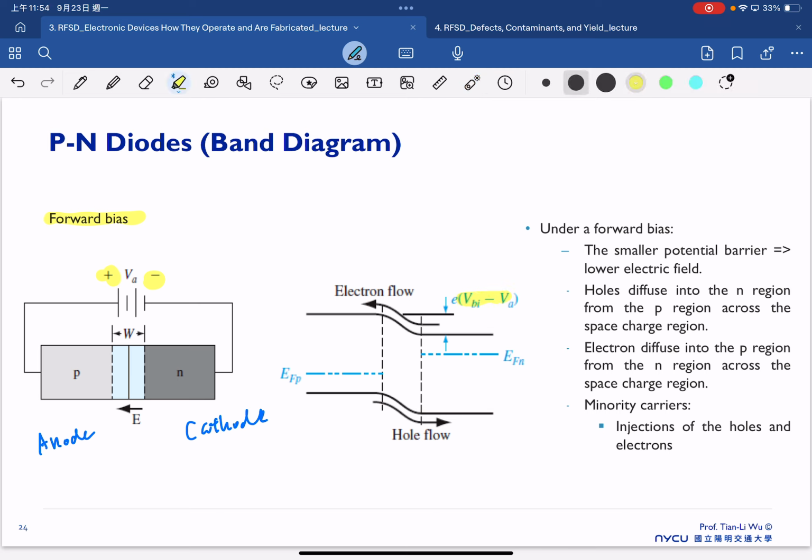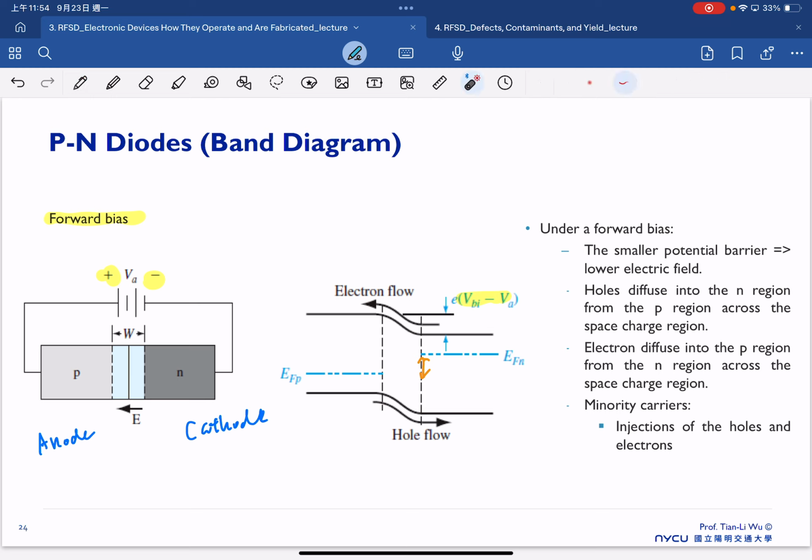The barrier is reduced because right now we have a gap in the Fermi energy. You can see the Fermi energy is not connected between the left and right because there's a voltage difference, and that voltage difference creates this barrier difference.